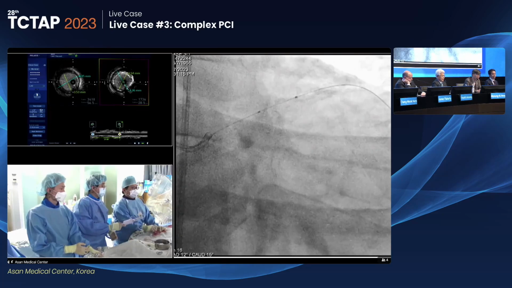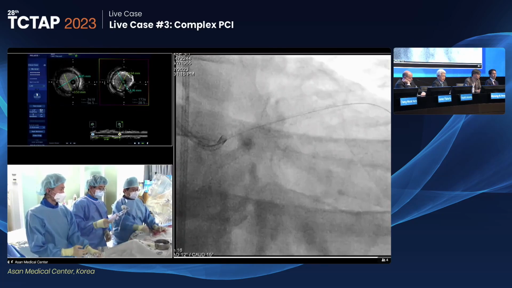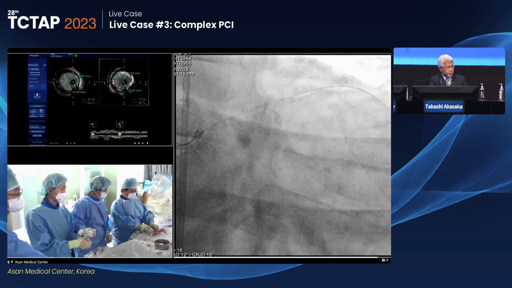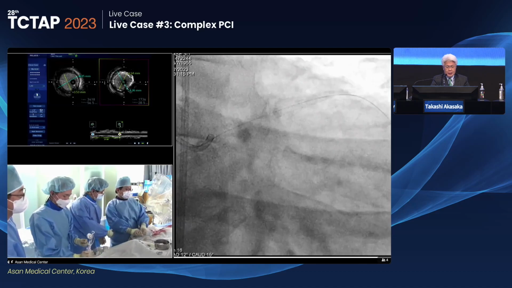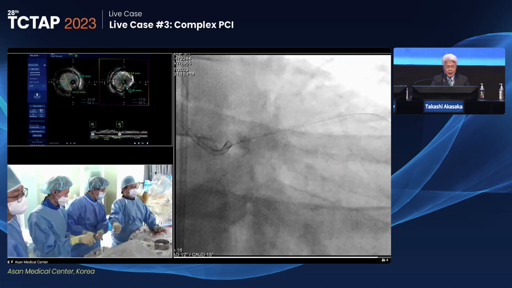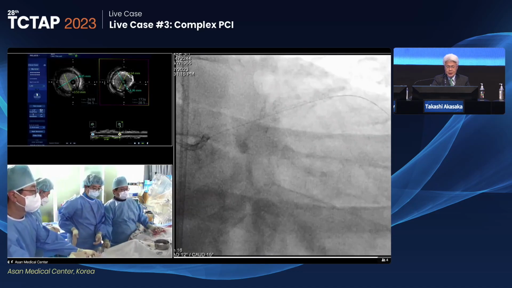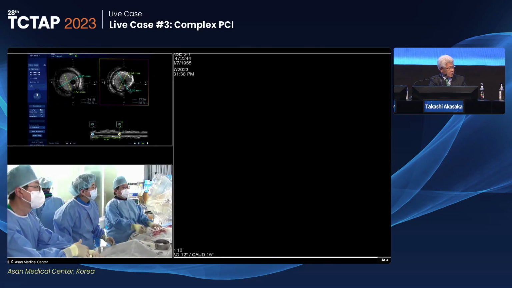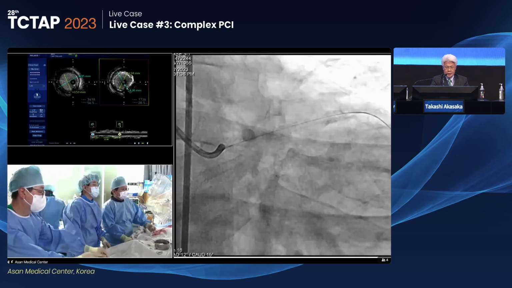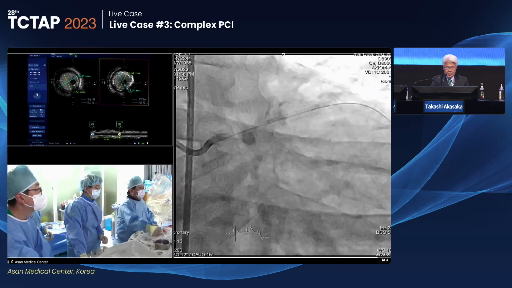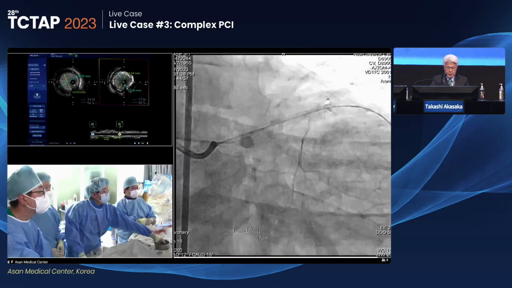It's sometimes difficult to identify the plaque characteristics well compared with OCT. So in this case, if we had the OCT image, we could speculate on the mechanism of this restenosis.